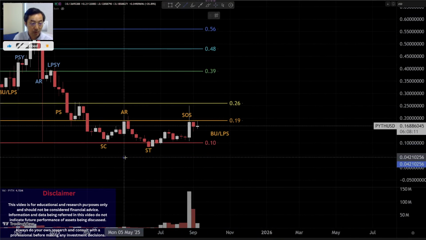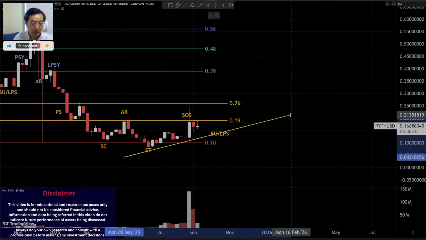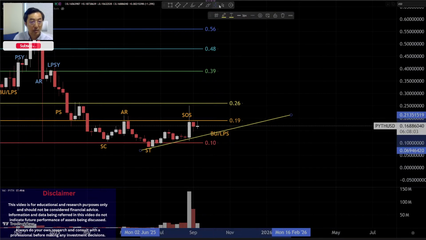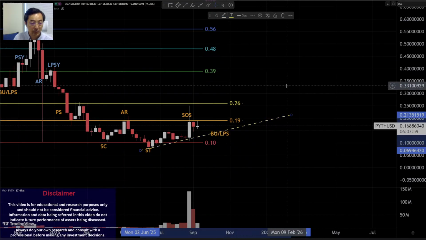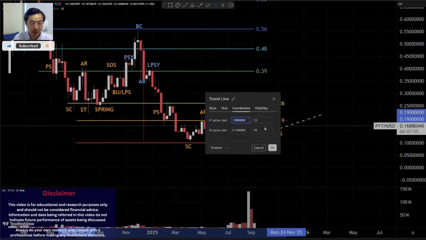So I'm going to draw this line right there, and then make it a dashed line in white. That's not even touching it, even if I extend it. Let's do 105. Not enough. 115. Okay, that's where I want it to be.